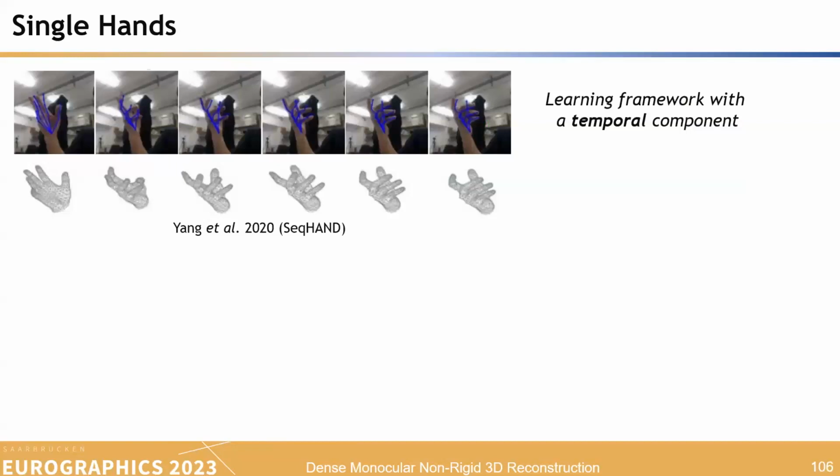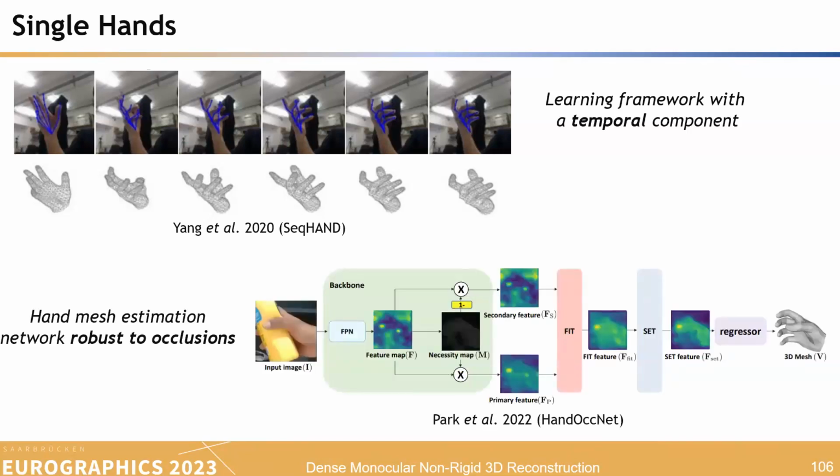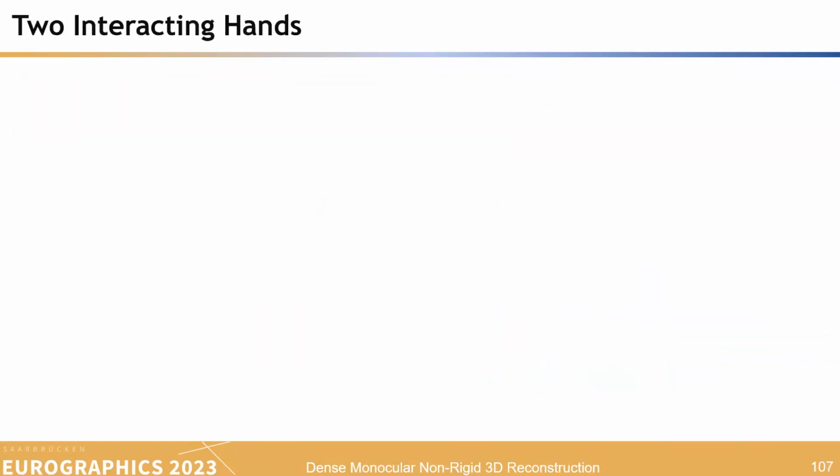There have also been works which, for example, ensure that temporal consistency is achieved, and there are also methods which ensure that, for example, when the hand has an object, the object is detected as an occluder and removed from the reconstruction.